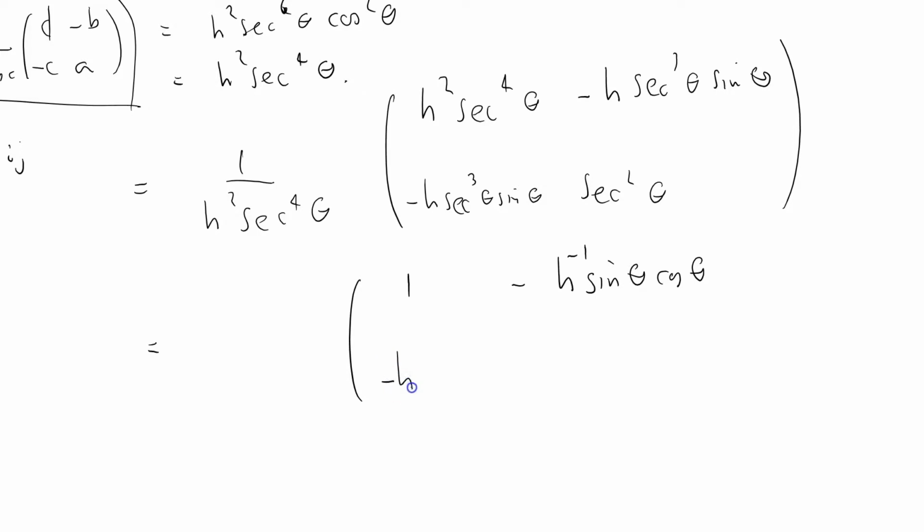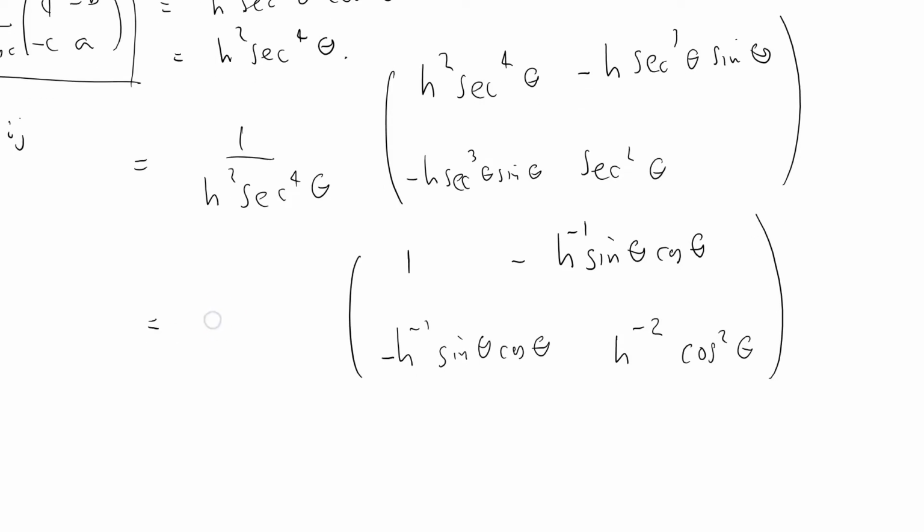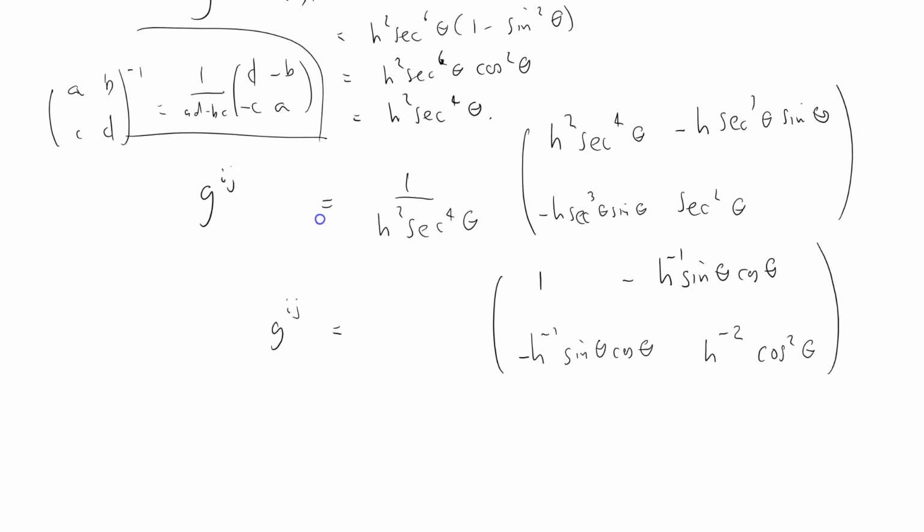So this term's minus h to the minus 1 sine theta cos theta. Yeah, that's right. And what have I got here? h to the minus 2 cos squared. So there's my inverse, and that is my metric tensor with contravariant components there.